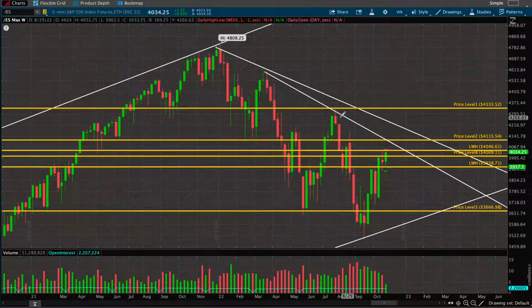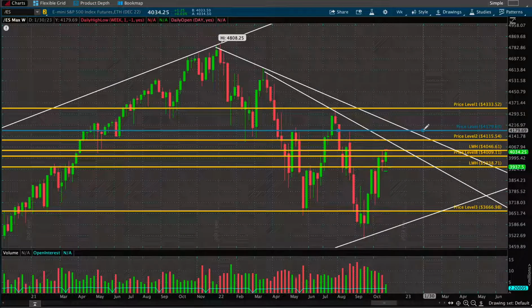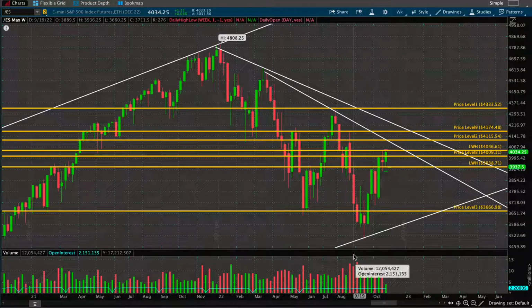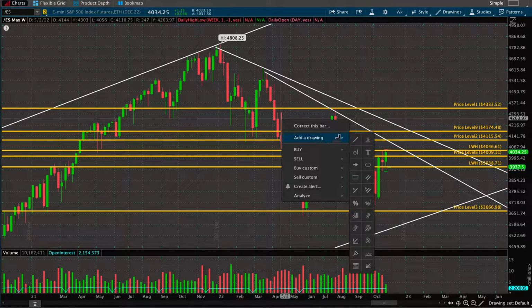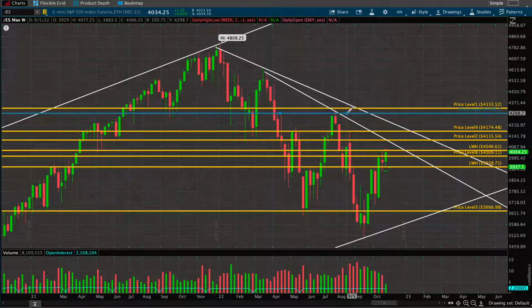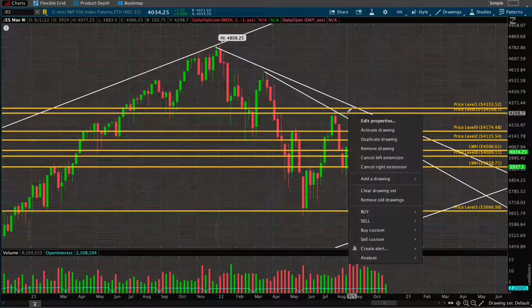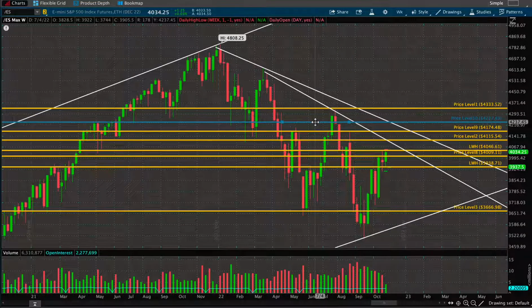We'll go a little bit deeper into the levels, so we can put another level here on resistance, and then the next one is right here. That's too close to what we have at 4300, so we'll find another level. It will be somewhere here.